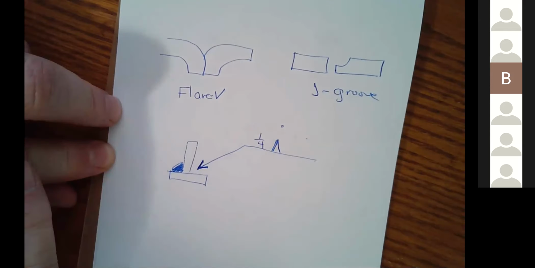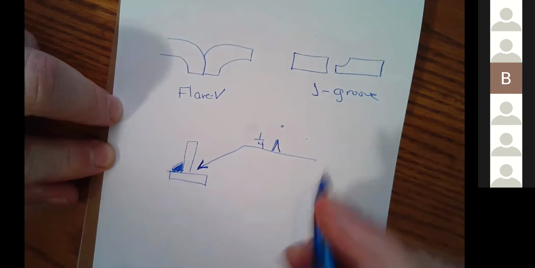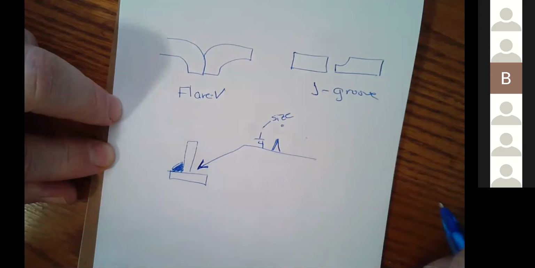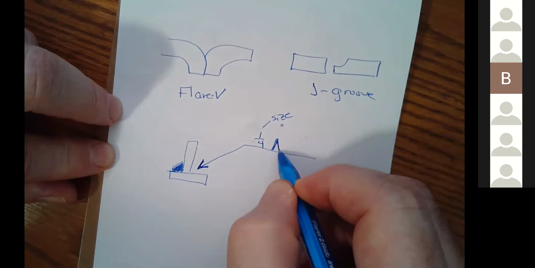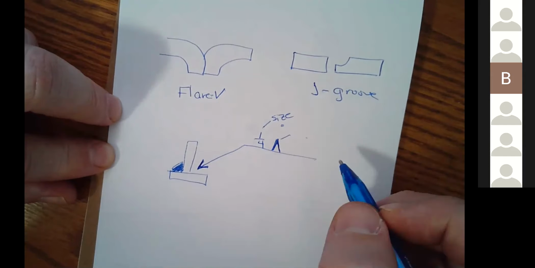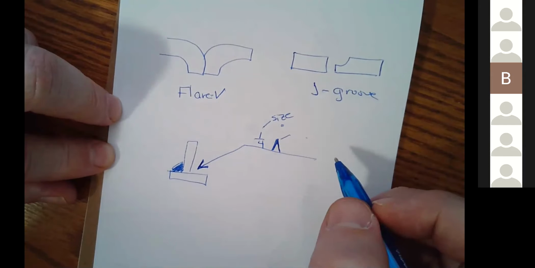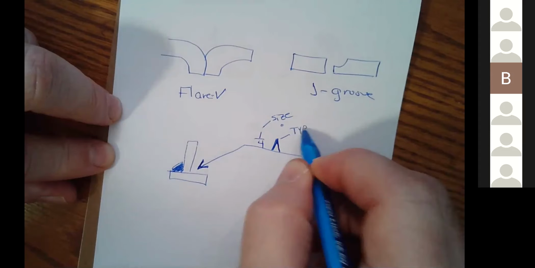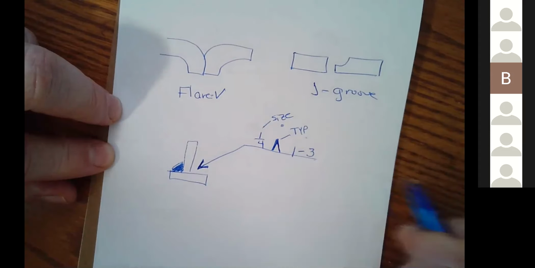Okay. What would that first number stand for? The height of the groove? Well, we can just call that the weld size. And the symbol is the type of groove. And then we might have something that looks like this.